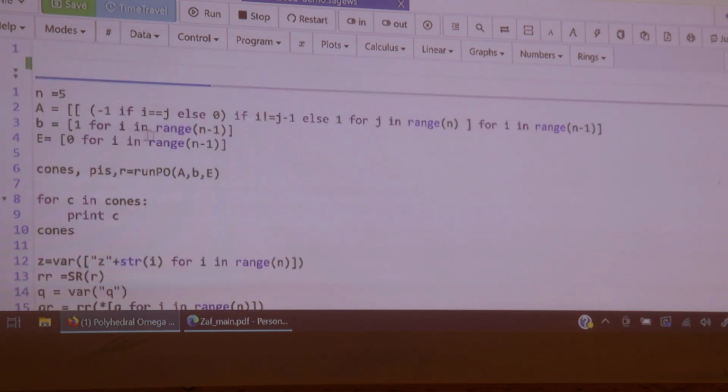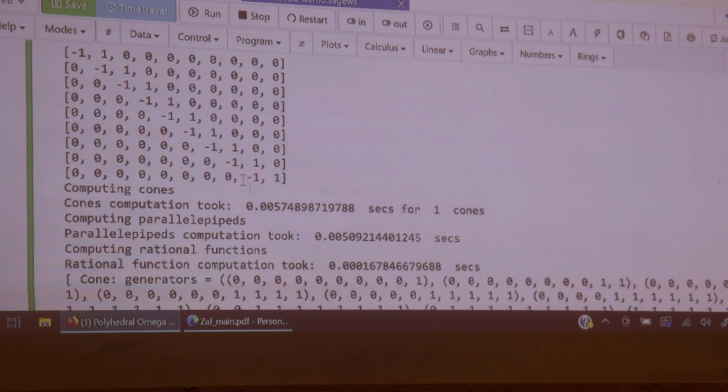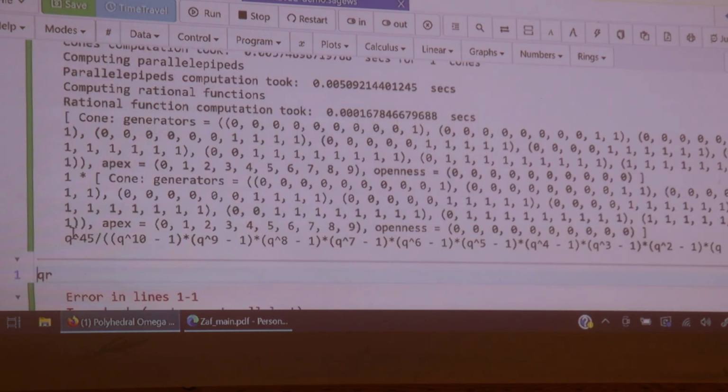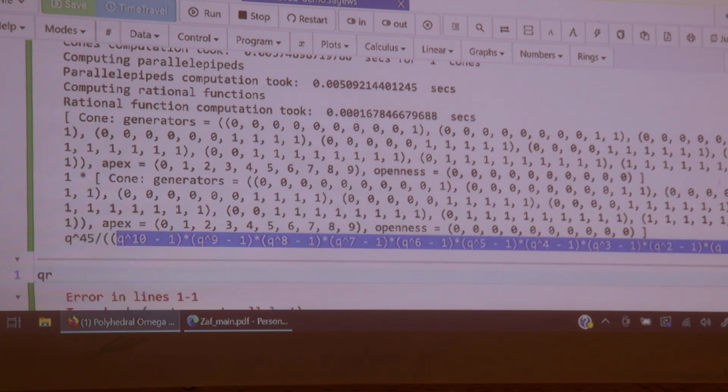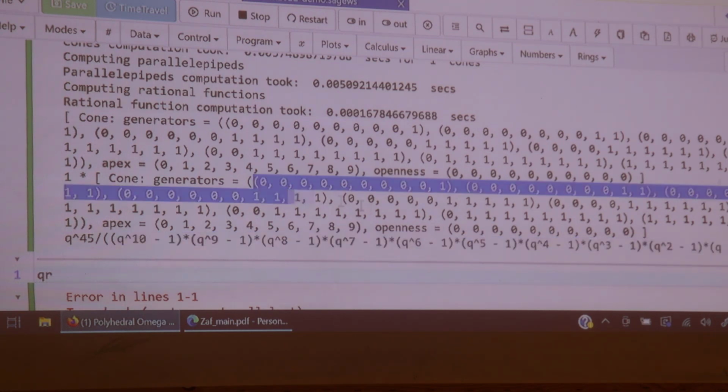I can do 10. I mean, I can do any n, right? So it makes no difference, really. You see this Q45, this is the first. Okay, let's discuss this a bit. The denominator is, I mean, you know this better than I do, right? We can see this in the generators, right?